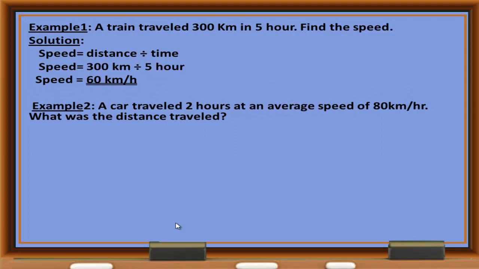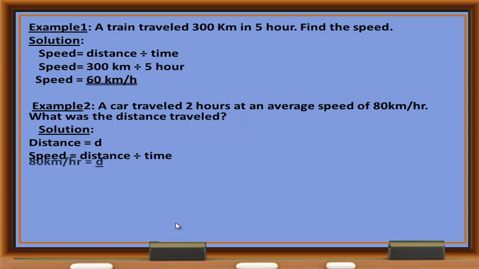Example number 2. A car traveled 2 hours at an average speed of 80 km per hour. What was the distance traveled? Solution. Distance, let's denote it by d. Speed is equal to distance over time. Speed is given, that is 80 km per hour.